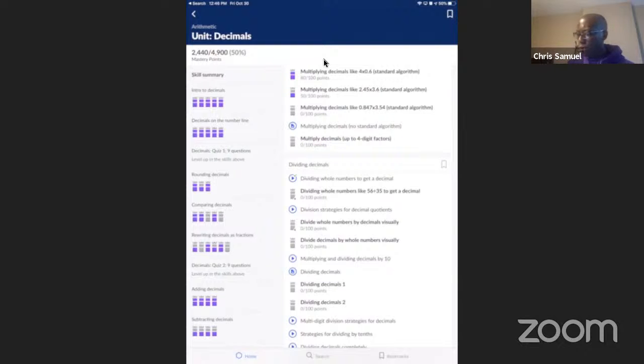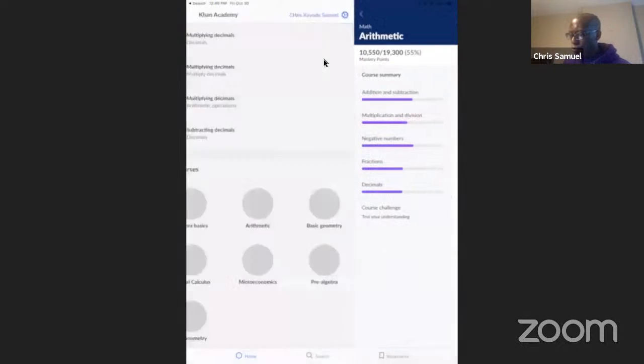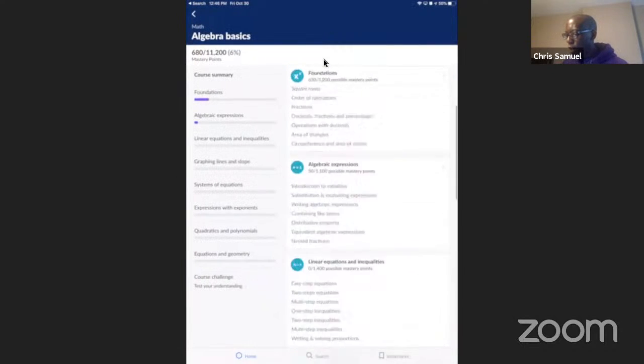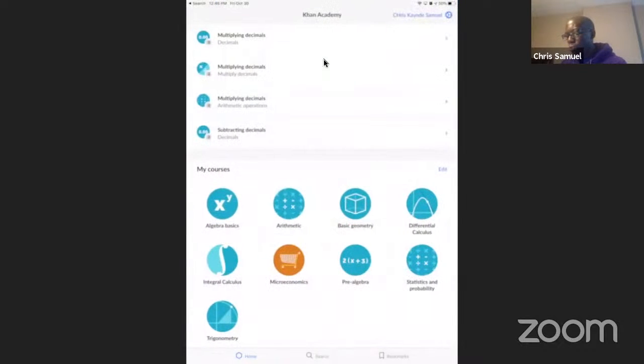And hopefully we'll be able to start the algebra parts next week, which is pretty much a very simple thing. I think I'll probably do the mastery challenge first to get an understanding of what I already know. And then instead of reworking every single thing, probably just work on what I'm having problems with, and see if that may help to expedite this.